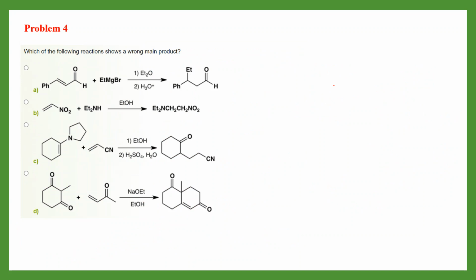Problem number 4. Which of the following reactions shows a wrong main product? So I have told you in slide number 3, I think, that Grignard gives 1,2 addition. Correct? So on 1,2 addition, let's draw what product will form. I have drawn it wrong. Wait.